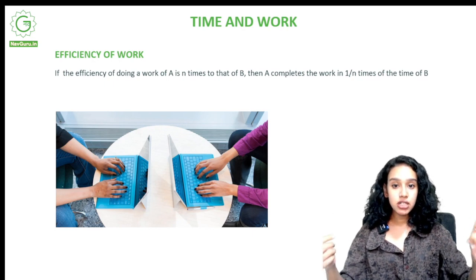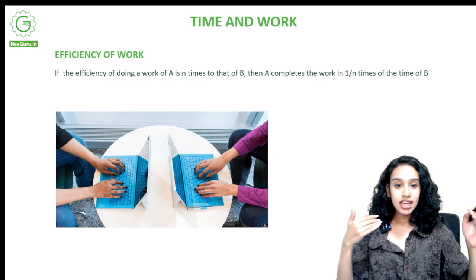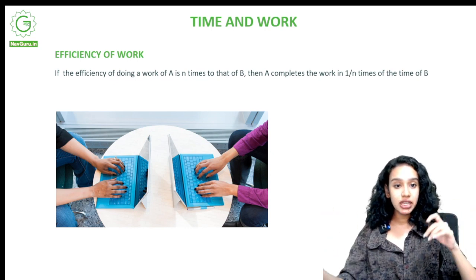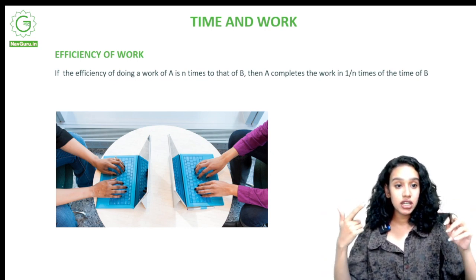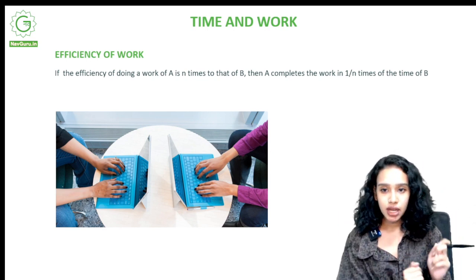Now, efficiency of the work. If the efficiency of doing a work of A is n times that of B, then A completes the work in 1 by n times the time of B. Let's see what is happening here.